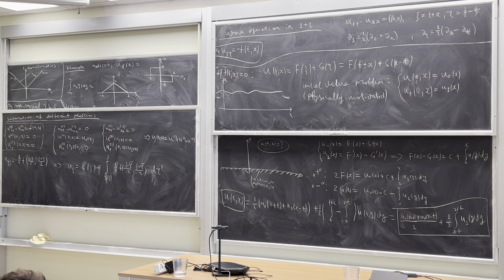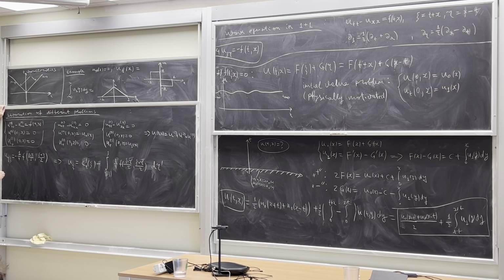Maybe we can denote this function c prime. So another integration gives u equals c plus of xi plus some other function c minus of eta.